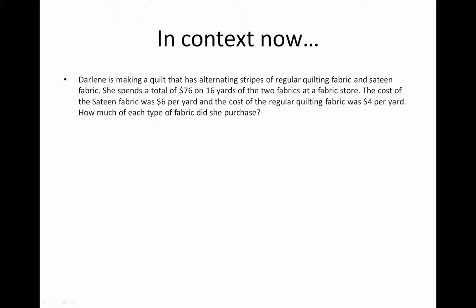So the first thing that we need to do here is make two equations. And I want you guys to notice as we read this, we're given two sets of information, right? First, we're being told how much she spent on it.